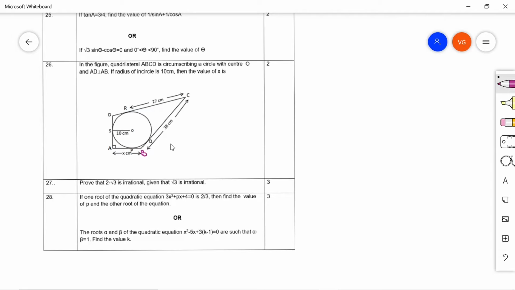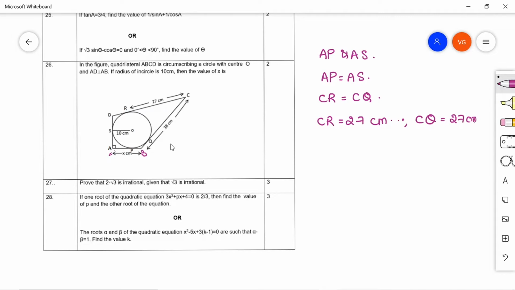And one more thing, they have given that angle A is 90 degrees, right? If you consider AP and AS as the two tangents drawn from an external point, AP is equal to AS. Similarly, from point C, CR is equal to CQ. CR is given as 27 centimeter, so CQ is also equal to 27 centimeter.